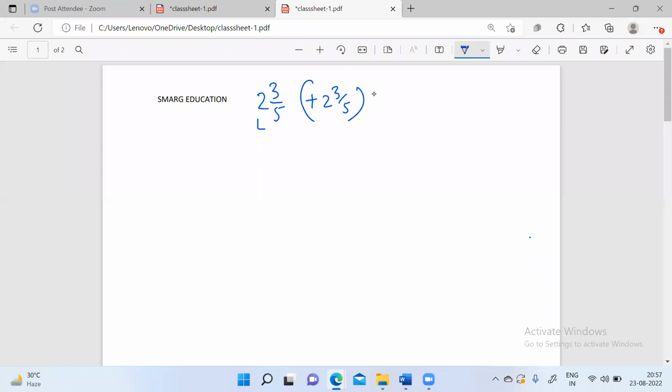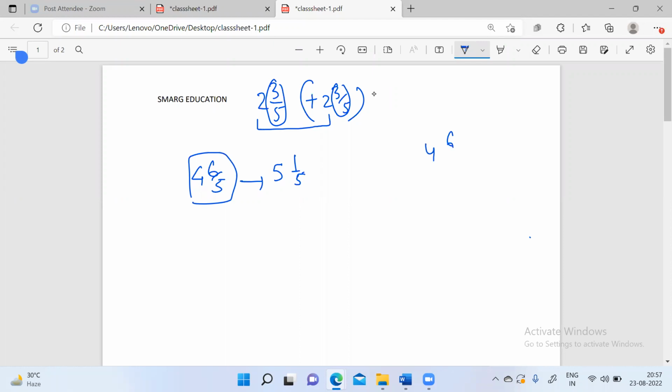I have already told you that 2 plus 2 will be 4, and 3/5 and 3/5 will add to 6/5. And since 6/5 is greater than 1, 4 6/5 will become 5 1/5, like I already explained to you.